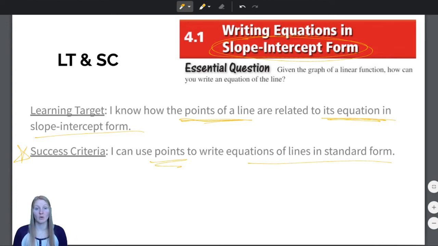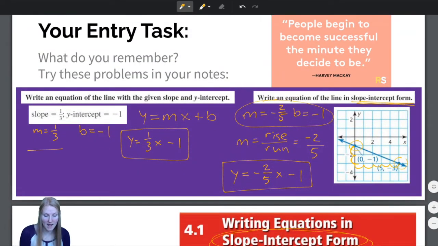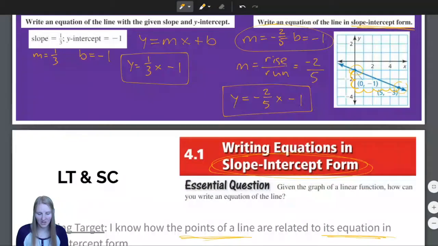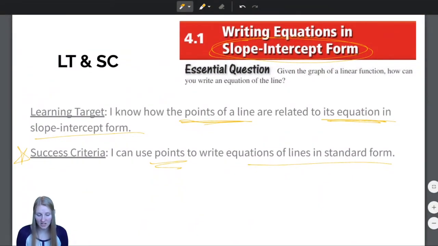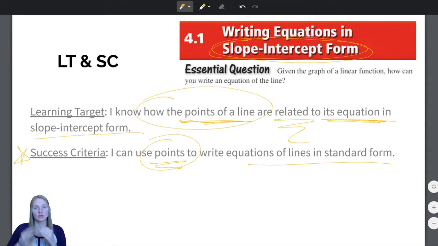So yesterday, we looked at graphs. We looked at, given what m and b were. Today, they're just going to give us points. So we need to know, how are the points related to the equation? How can I take the points and make an equation? So, that's what we're going to do today.